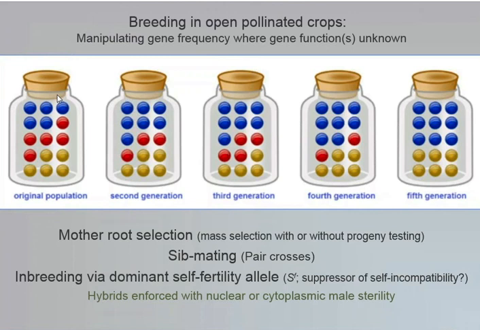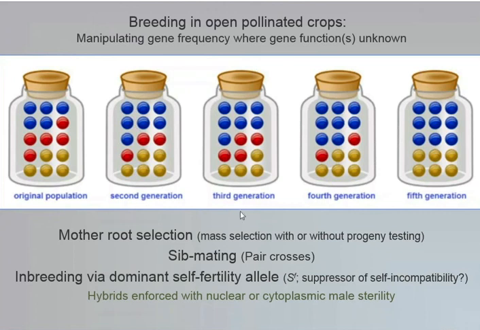But it's a random process. So an original population, let's say we just want to remove those red balls. At random, we remove some number of balls with replacement. And this is a random process. And slowly we get to the point where we've removed all of the red balls.